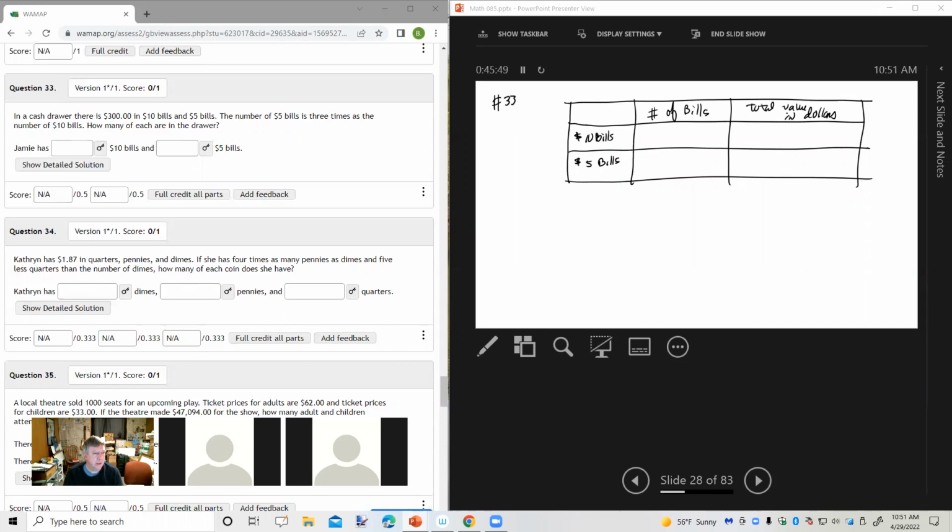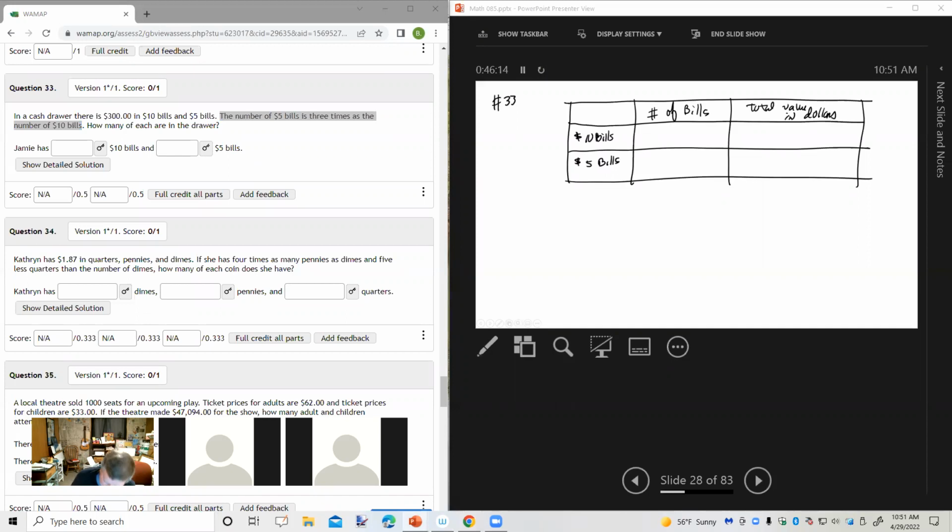The number of $5 bills is 3 times the number of $10 bills. So right there is our comparison statement. The $5 bills are being compared to the $10 bills, so the $10 bills is the center of the universe. That's going to be our variable.